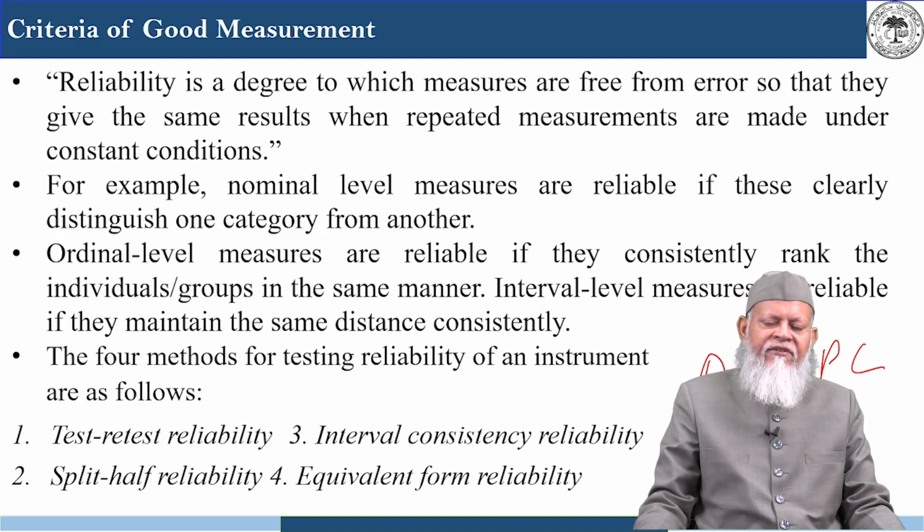If the difference between 30 degrees and 40 degrees and the difference between 60 and 70 degrees are not the same in terms of heat, then the interval level measure, that is the scale to measure the temperature, is not good, because the intervals do not have the same distance.